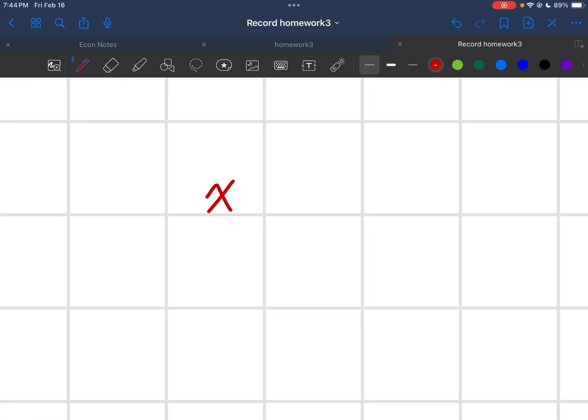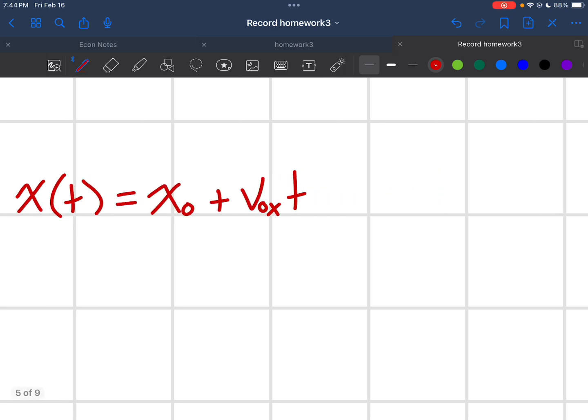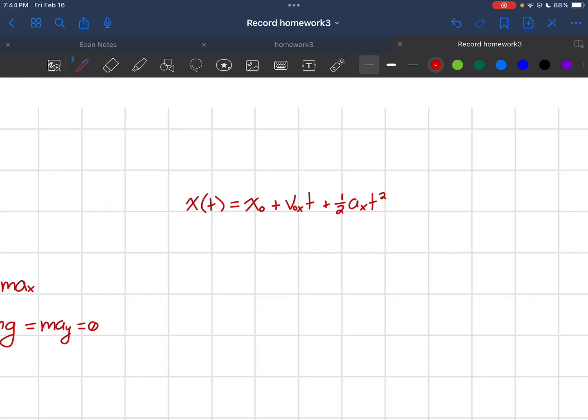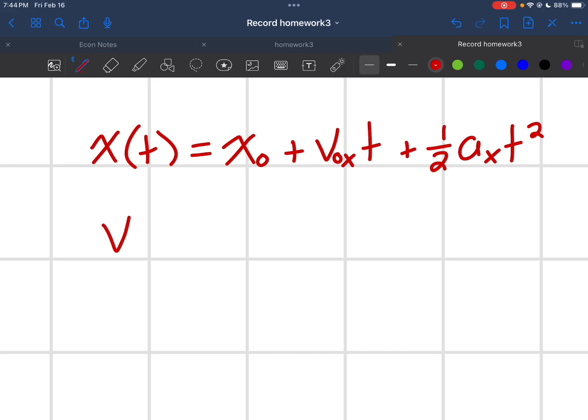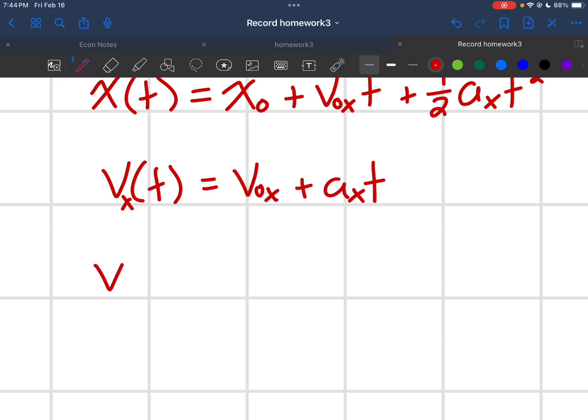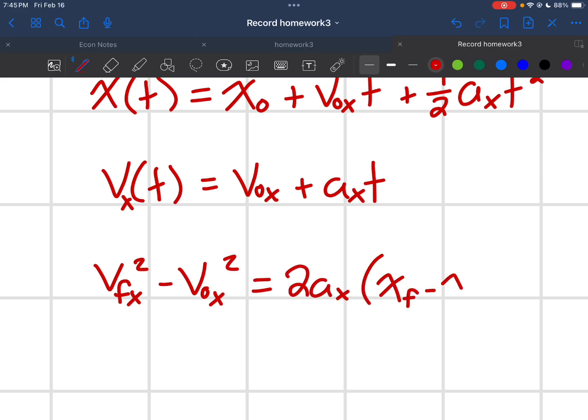So if I say my x of t equals x naught plus v naught x t plus 1/2 ax t squared, and I'm also going to write our v of t, vx of t, will be v naught x plus ax t, and our third and final kinematic equation is our v final x squared minus v naught x squared equals 2 ax times x final minus x naught.